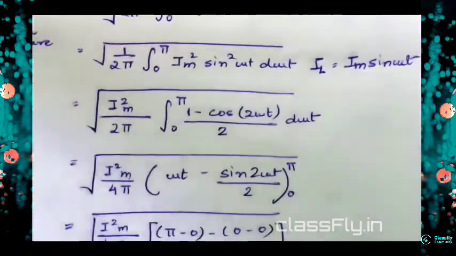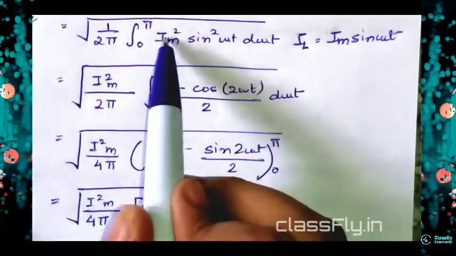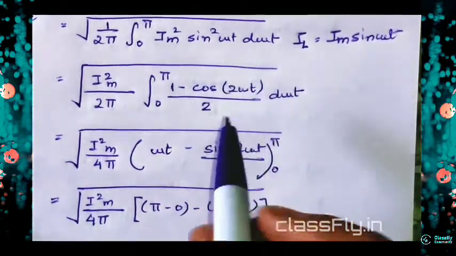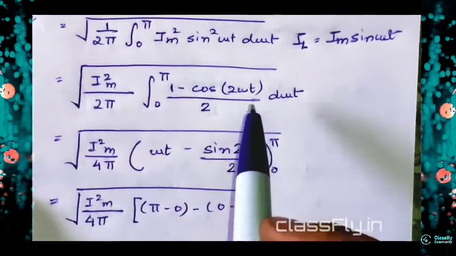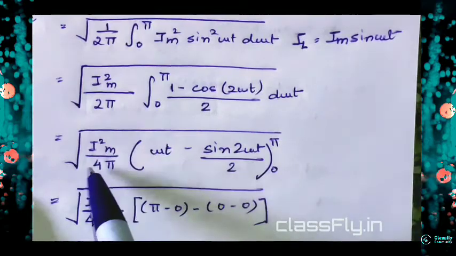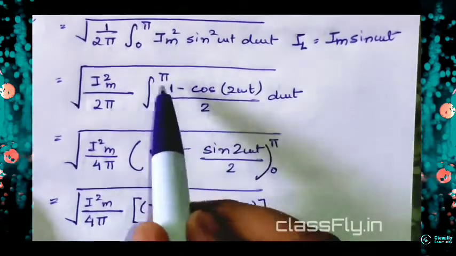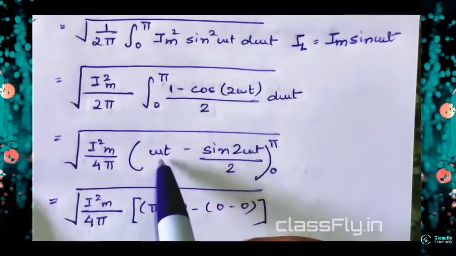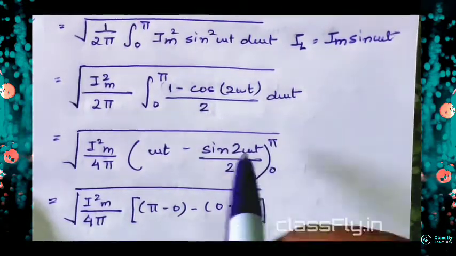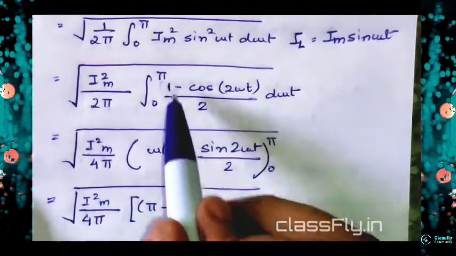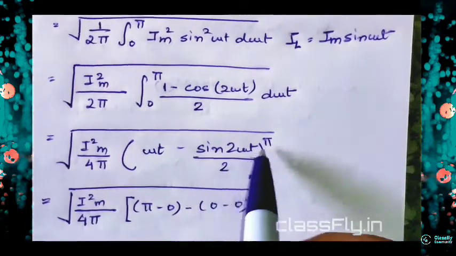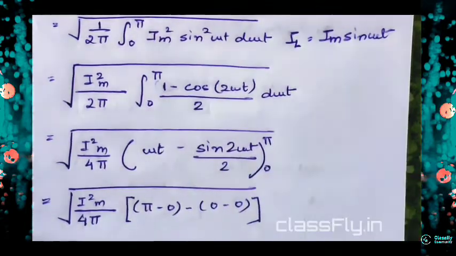Next, we will solve this integration. We will bring out the Im square. We know that sin square omega t is (1 minus cos 2 omega t) by 2. We will bring this 2 out, so it becomes Im square by 4 pi. Integration with respect to 1 will be omega t, and cos 2 omega t is already minus, so minus sin 2 omega t by 2, and we will put the limit 0 to pi.